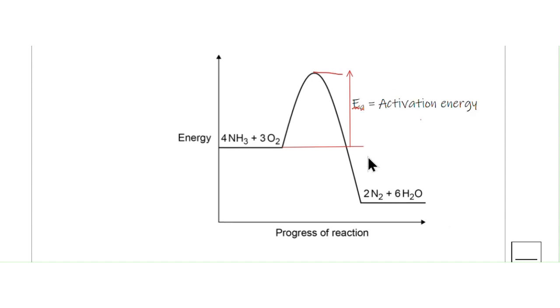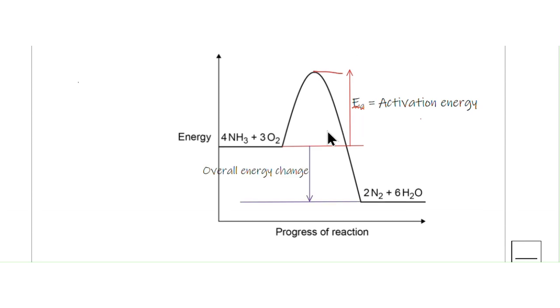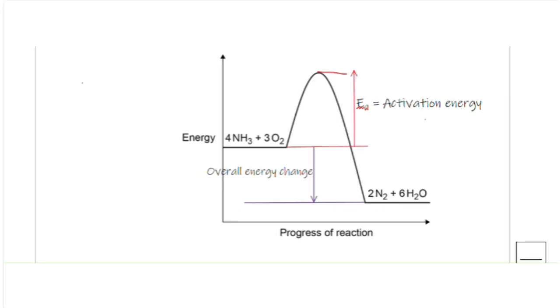The overall energy change is the difference from the level of the reactants down to the level of the products, and then it's been labelled there. So 1 point for activation energy labelled correctly, 1 point for overall energy change labelled correctly.